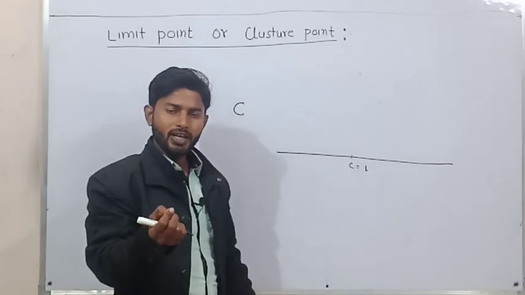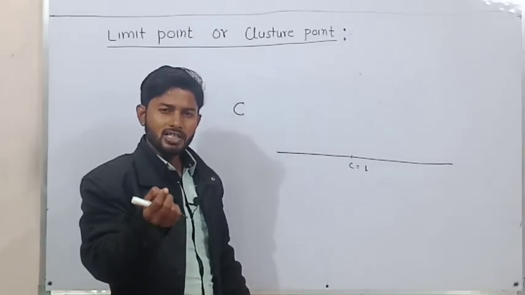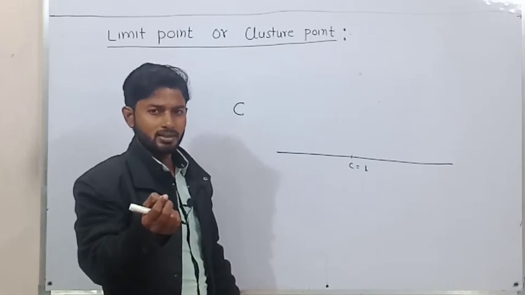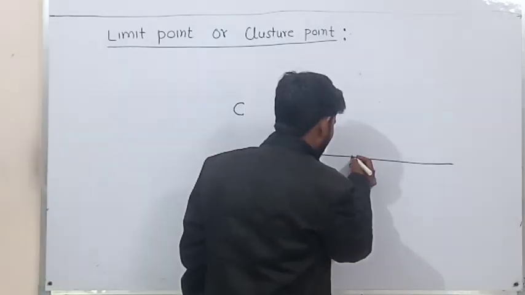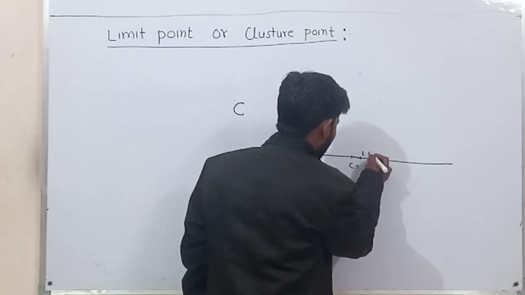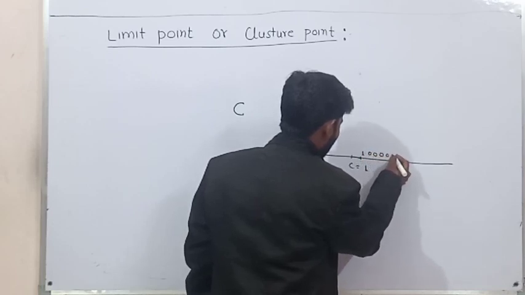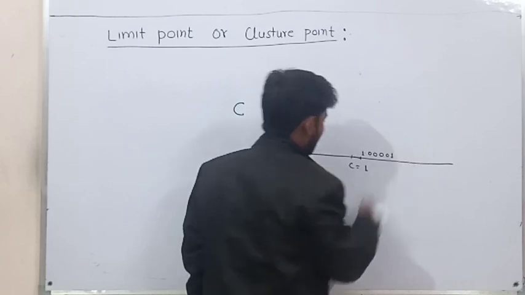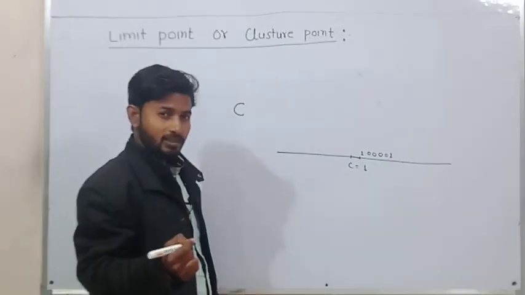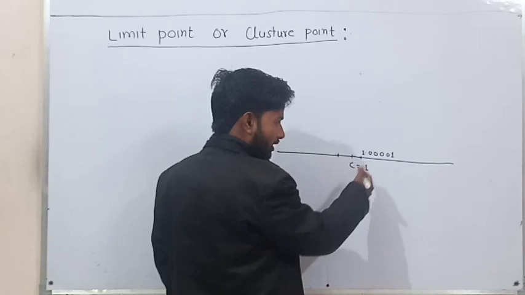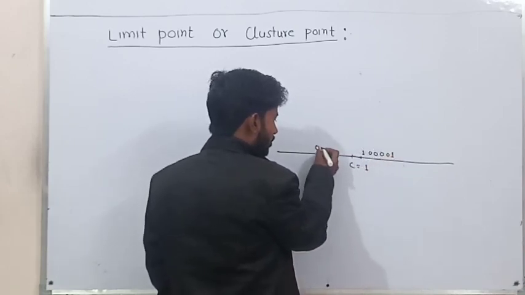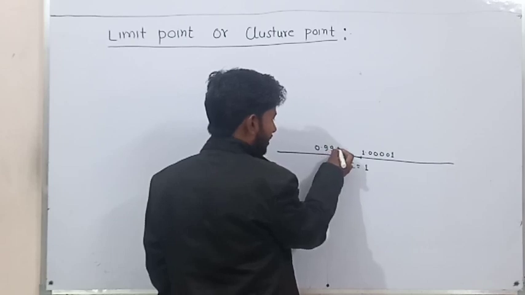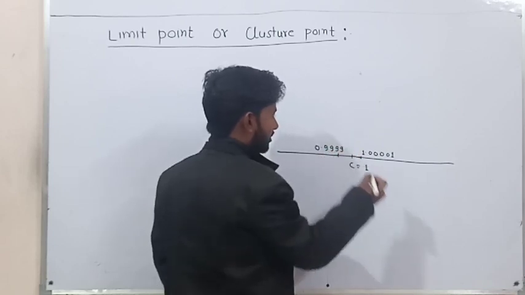If we add a very small quantity like 0.00001, this becomes 1.00001, and if we subtract a very small quantity 0.00001 from it, this becomes 0.99999.